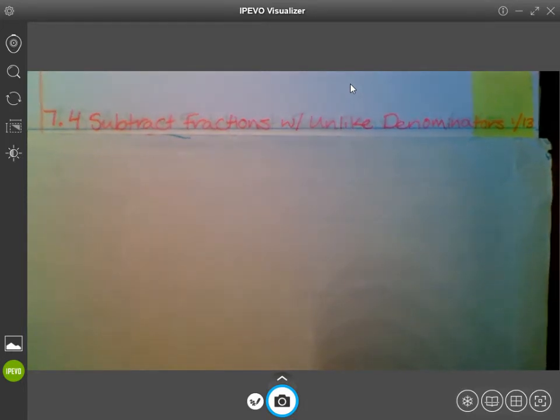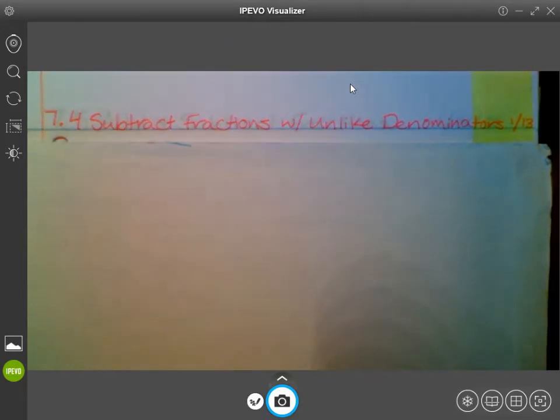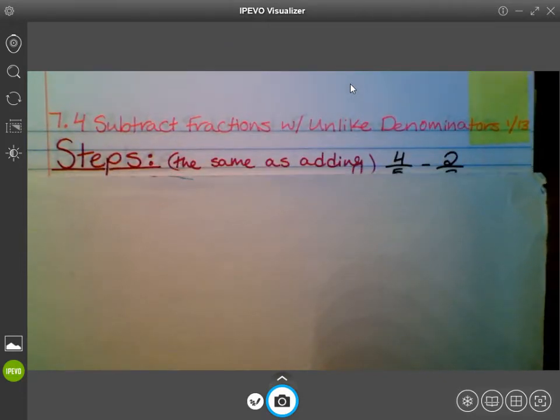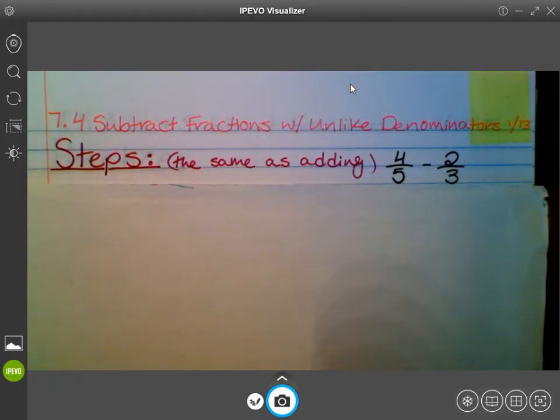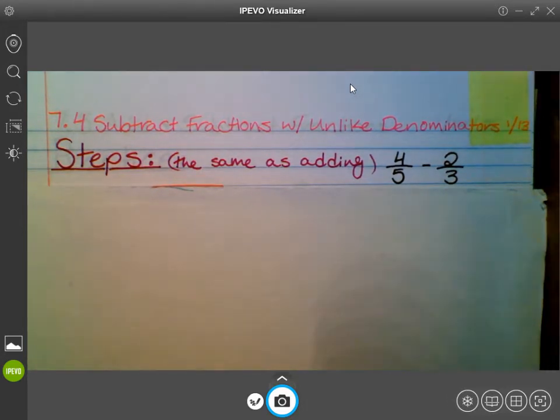All right, are we ready to move on? Okay, steps. As you can see, I put in parentheses just what I said: it's the same as adding, except for subtracting. So today, we're going to use the example problem of 4/5 minus 2/3.